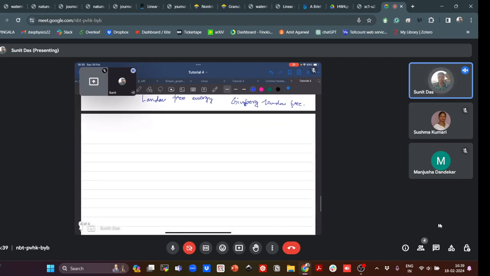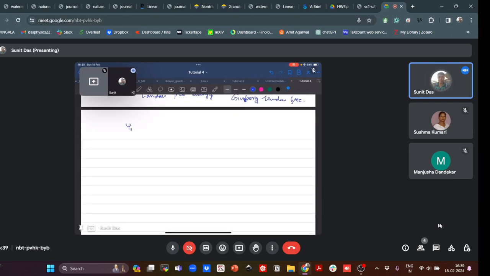And we also had that psi 0, which is the equilibrium case, psi 0 squared equals alpha by beta. I have calculated these in detail, probably in lecture 2 or 3. So this is the equilibrium value at large x.